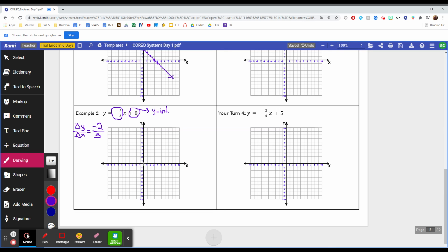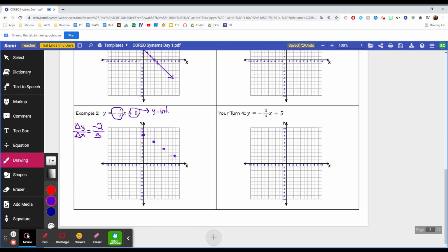Okay, so I have positive 8. So this is my y-intercept. And I'm going down 2 on the y, 3 to the right on the x. Okay, and I can do that one more time. Down 2 on the y, 3 to the right on the x. 1, 2, 3. And I can do it one more time. 1, 2, 3.